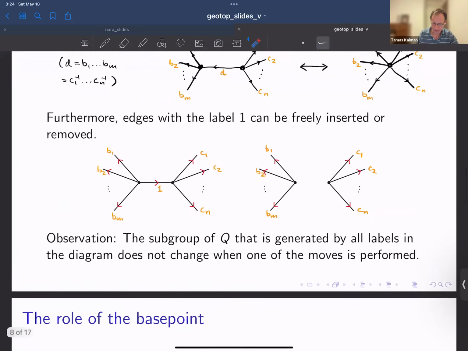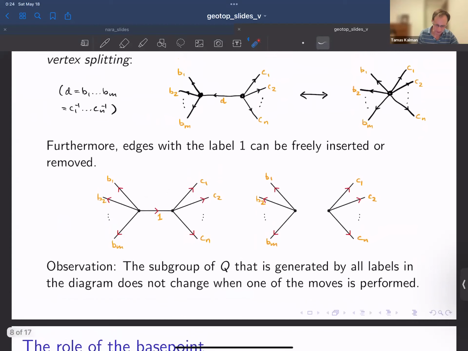And finally, I do this kind of mathematical game where some edge with the label 1 can just be arbitrarily introduced into the system. That's because it means nothing, essentially. The label being 1 means that it's not defected, so it's as if it's not even there. So I might as well draw it.